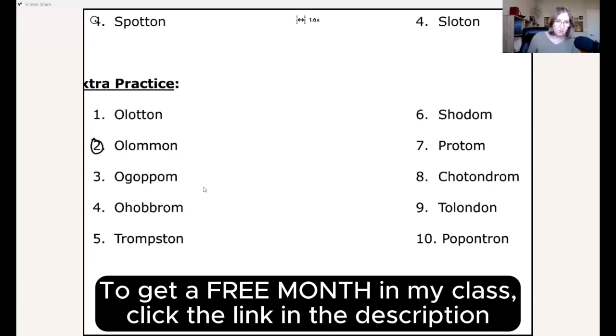So this O says O, this O says ah, this O says schwa. Our sounds O, L, ah, n. Olaman. Was that one tricky? How was that one? Y or A? Yeah? Did you get it? Olaman. Okay.